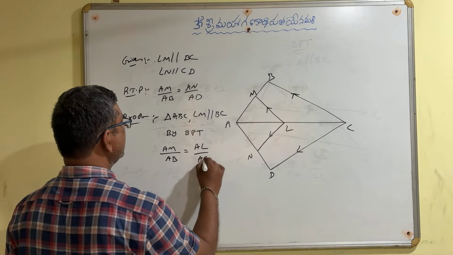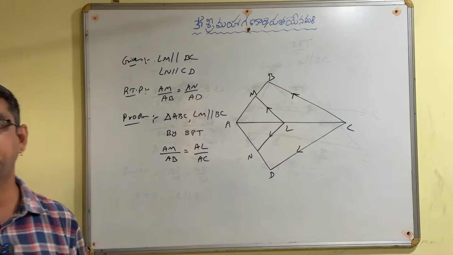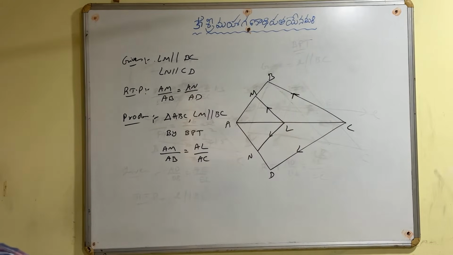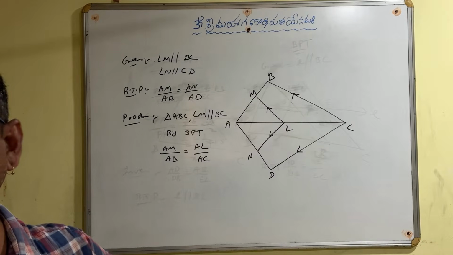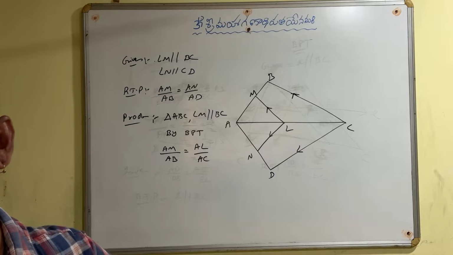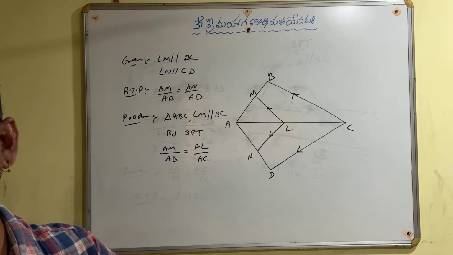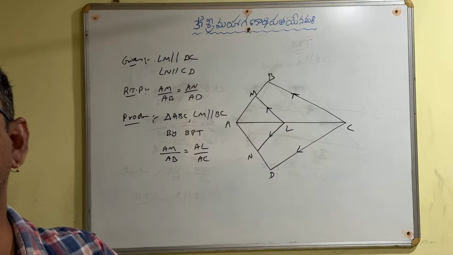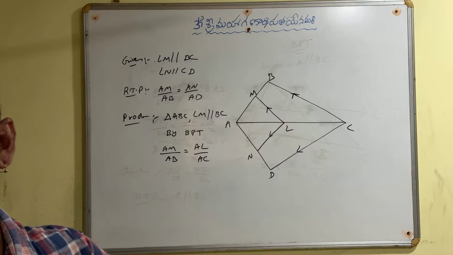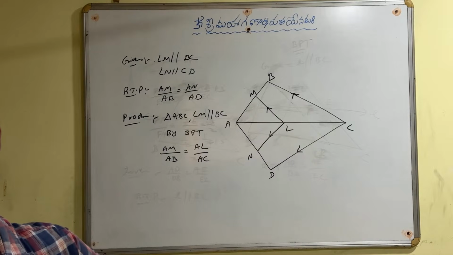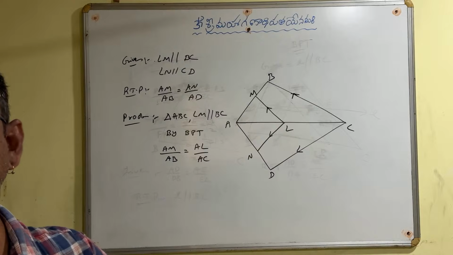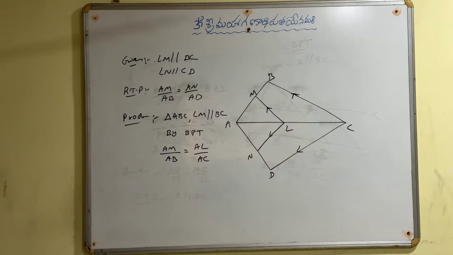In triangle ABC, we have a line LM which is parallel to BC, intersecting AB at M and AC at L. Then by the basic proportionality theorem, AM by AB equals AL by AC. Okay?